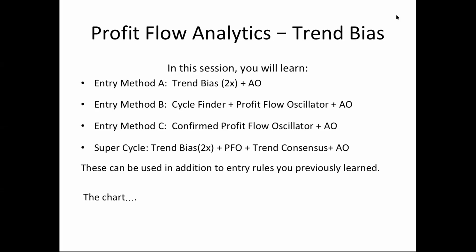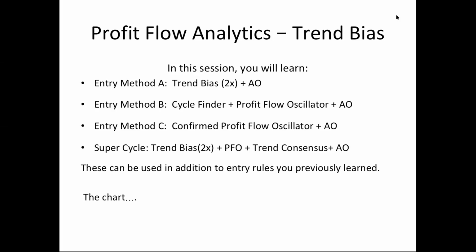And the definition of entry method A is when both of your trend bias indicators, fast and medium on shorter time frames for futures, and medium and slow for longer time frames for options traders or stock traders, both of your trend bias indicators have crossed, and that cross aligns with the direction of the AO, the Awesome Oscillator.